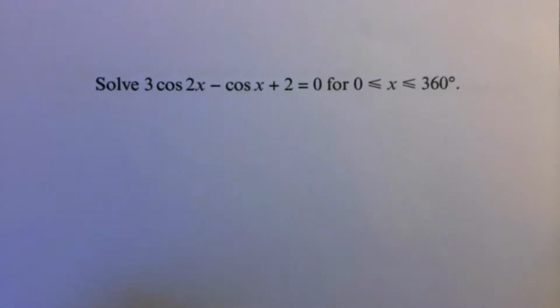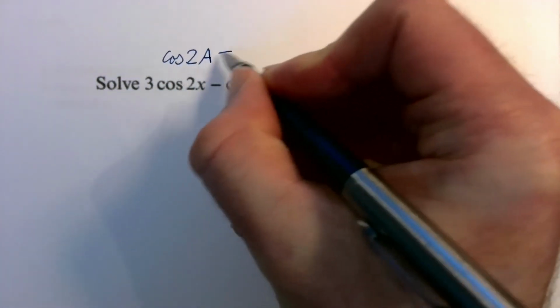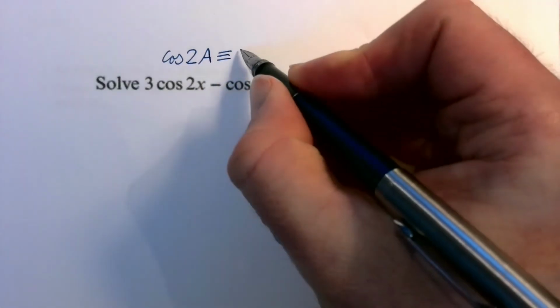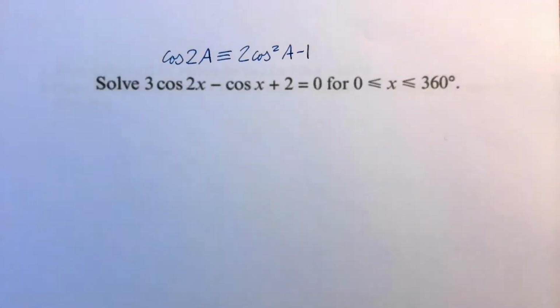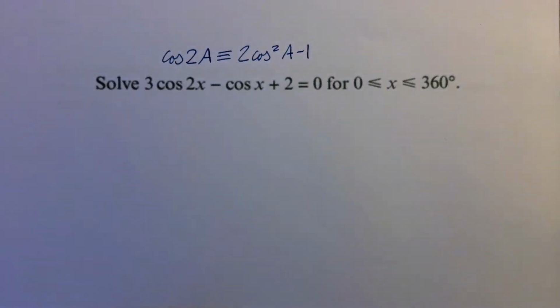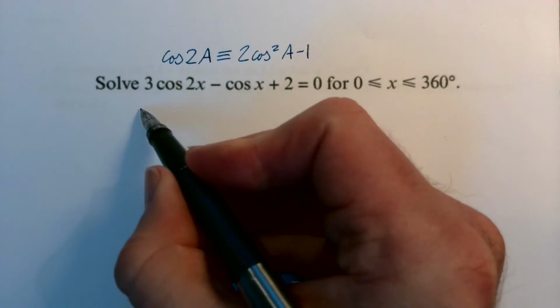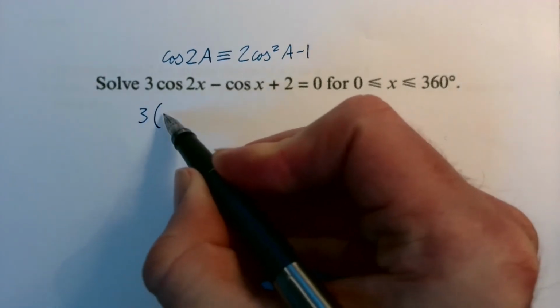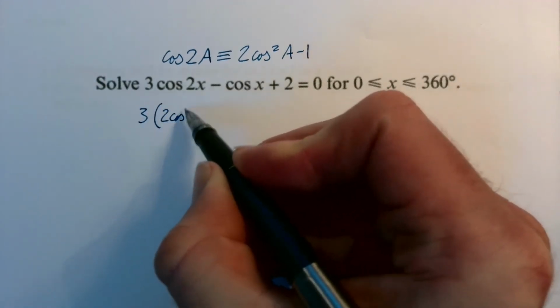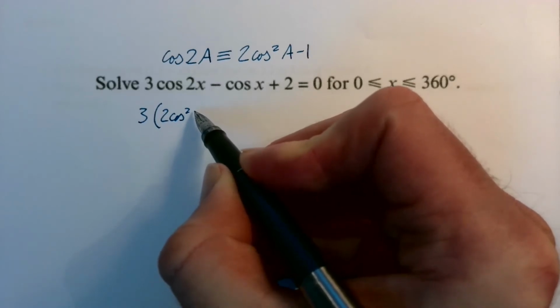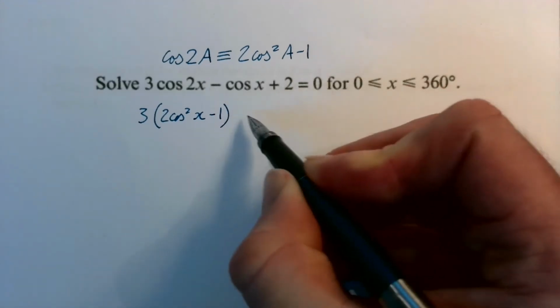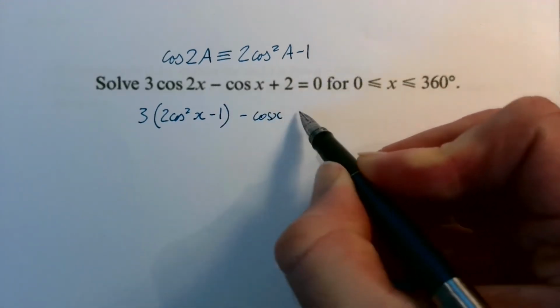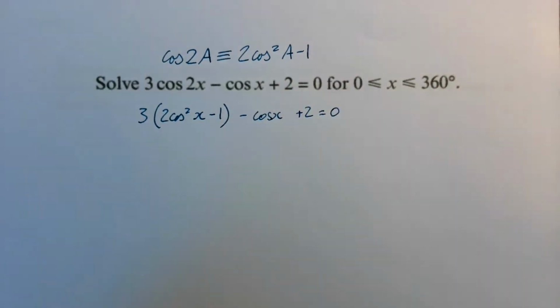And so what we should have, we're looking at cos 2a being identical to 2 cos squared a take 1. So we'll pump that in here first of all, so we'll have 3 and then 2 cos squared x take 1 inside the bracket, take cos x plus 2 equals 0.